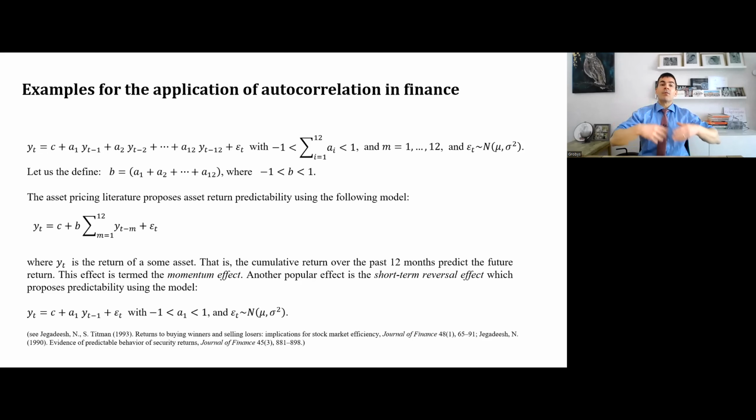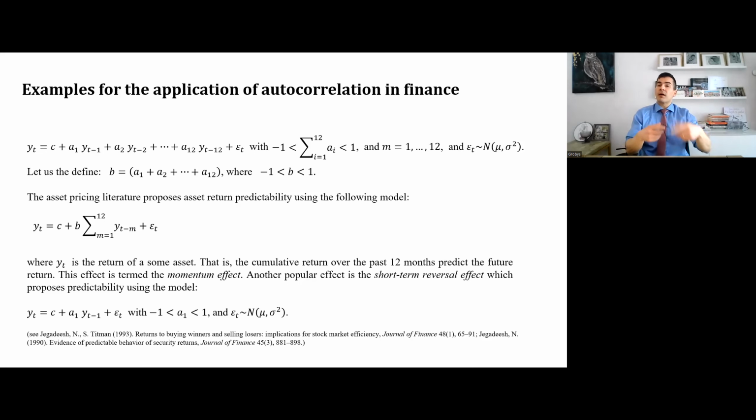The momentum literature proposes that the parameter b should be positive, statistically significantly positive, because it suggests a positive autocorrelation. So if the cumulative past returns are high, the future return of that asset at time t plus 1 will be high on average.